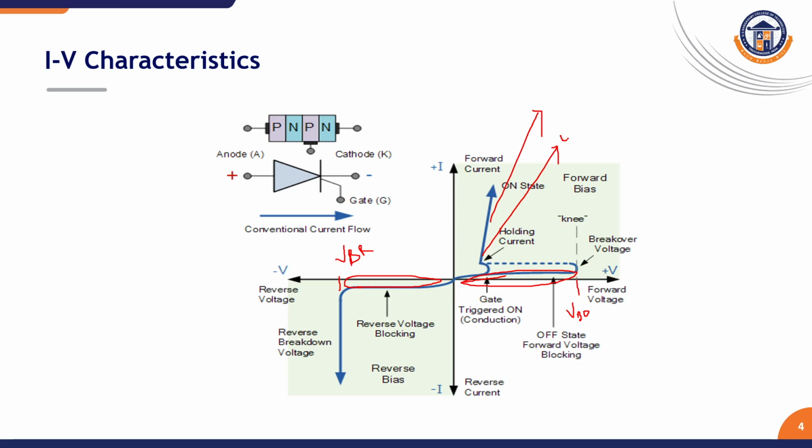Latching current is the minimum value of anode current which it must attain during the turn on process to maintain conduction when the gate signal is removed. It is associated with the turn on process. Holding current is the minimum value of anode current below which it must fall for turning off the SCR. It is associated with the turning off process.